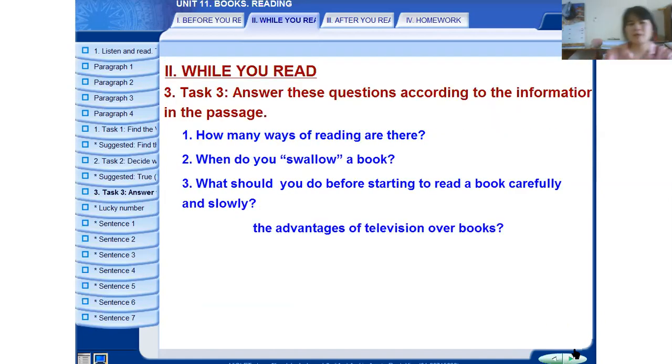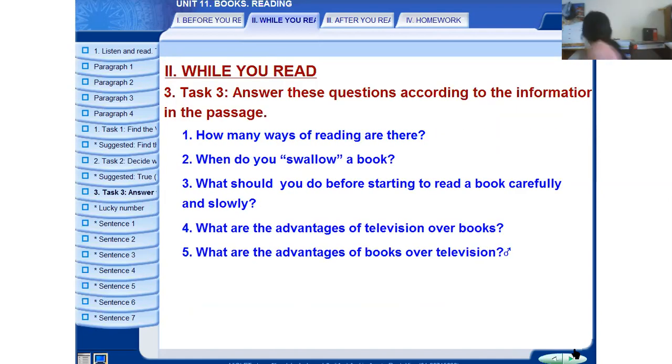Okay, let's come to the next exercise. Now answer the questions according to the information in the passage.